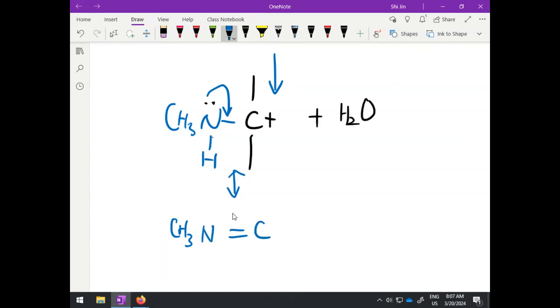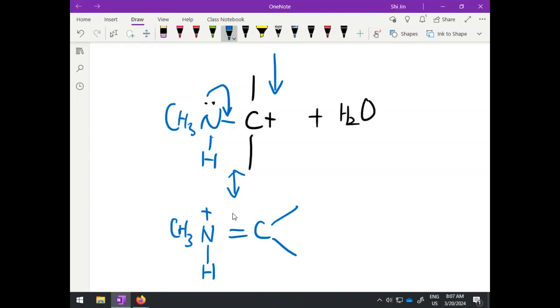Why am I saying extraordinary? Because out of the second period elements that can have a lone pair, nitrogen is probably the least electronegative one.